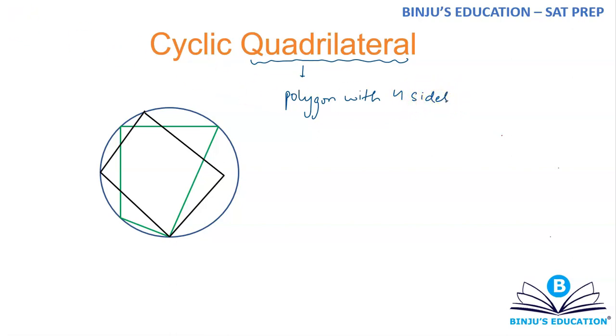The next question comes in, define polygon. So polygon is any closed figure made up of straight lines.